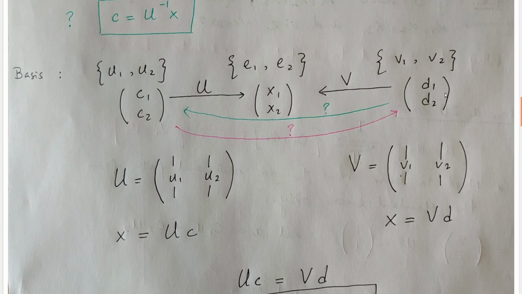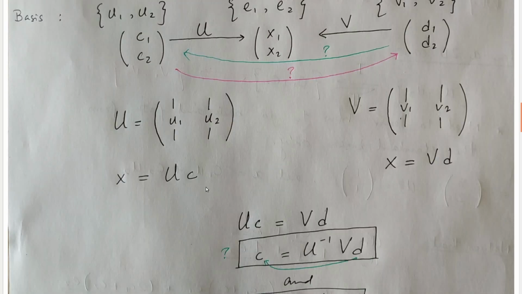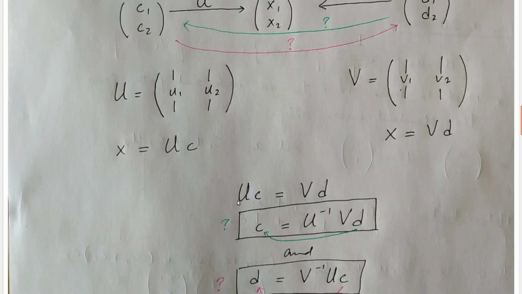And from V1, V2 to E1, E2, I can write a similar equation, x equals VD. Now I can just get rid of x from this picture. If x is UC and x is VD, I can write UC equals VD, and multiply by the inverse of U on both sides. I get an identity on the left, and on the right-hand side I get U inverse VD. So this is now a route to go from the coordinates D to the coordinates C.